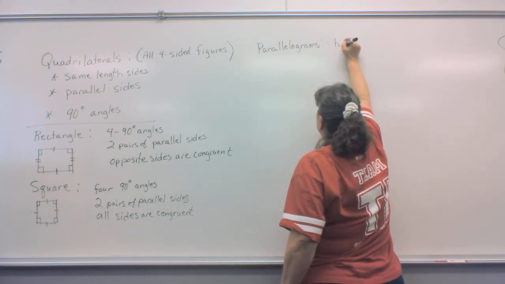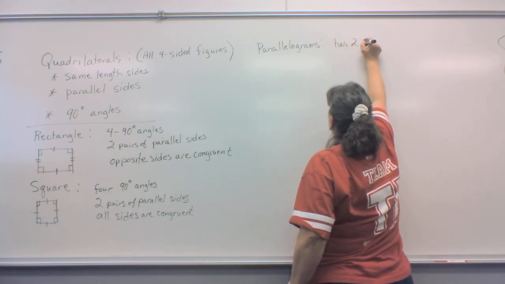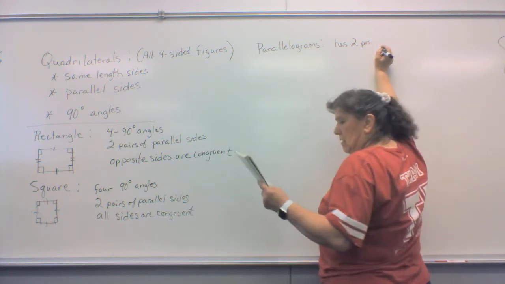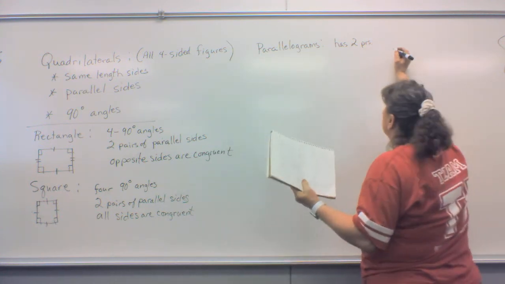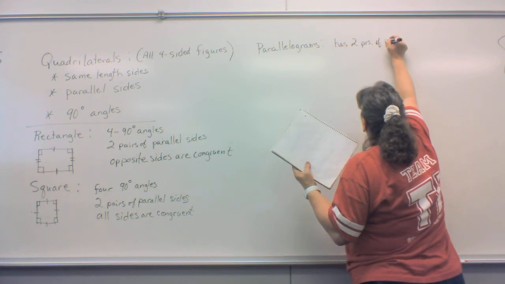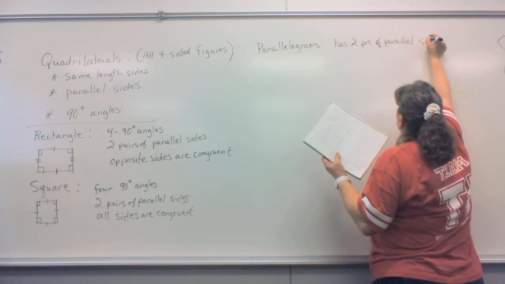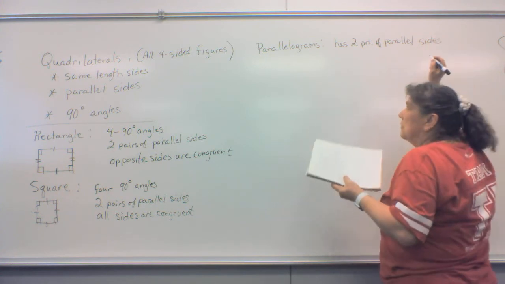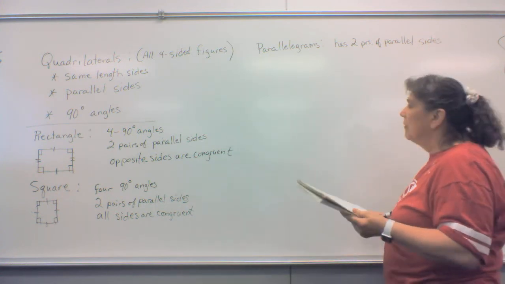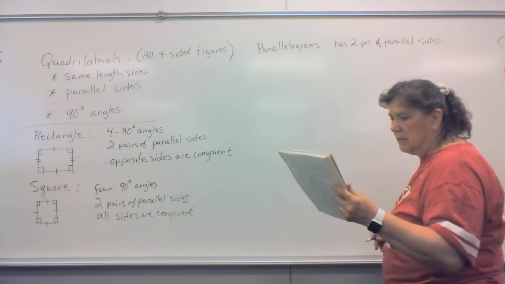It has 2 pairs of parallel sides, in other words, opposite sides will be parallel, otherwise they would intersect.